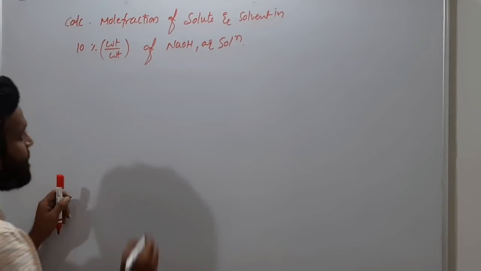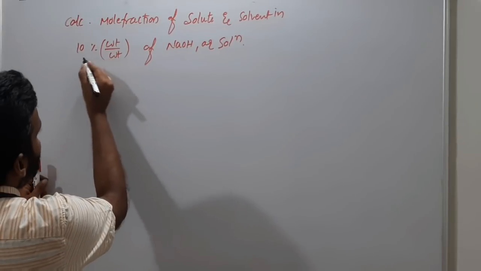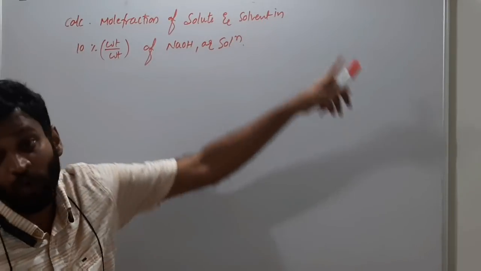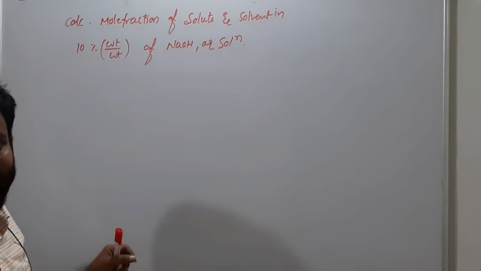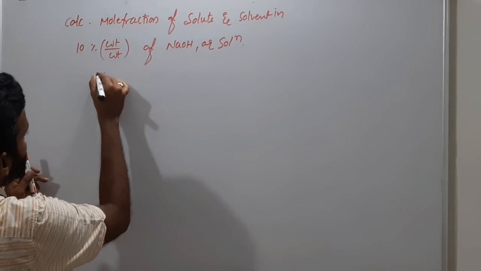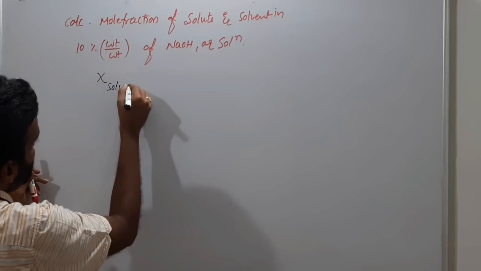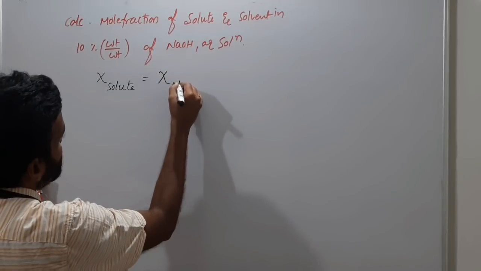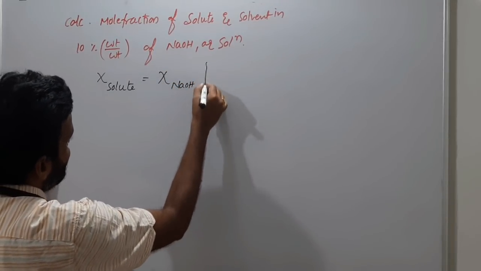So that you will have clarity. So 10% weight by weight given here. Calculate mole fraction of solute and solvent. So first of all, mole fraction of solute means whose mole fraction you will consider? That means mole fraction of NaOH.